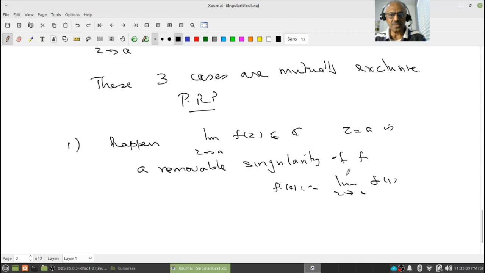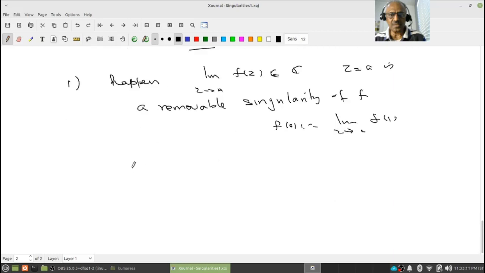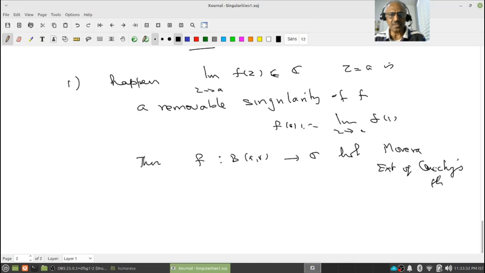Please understand. Why do we say this? Because if you define it, then f is holomorphic as a map from B A R to C. Why? Either Morera or extension of Cauchy theorem. Therefore it's actually not a singularity.